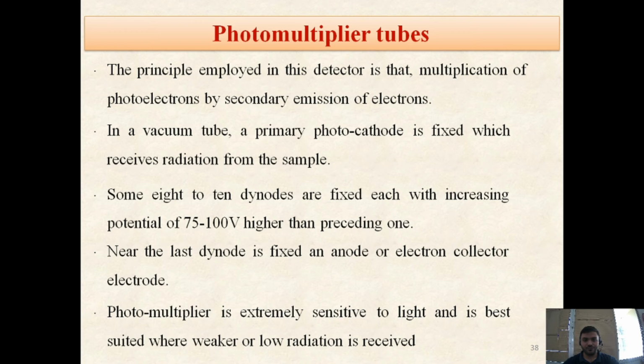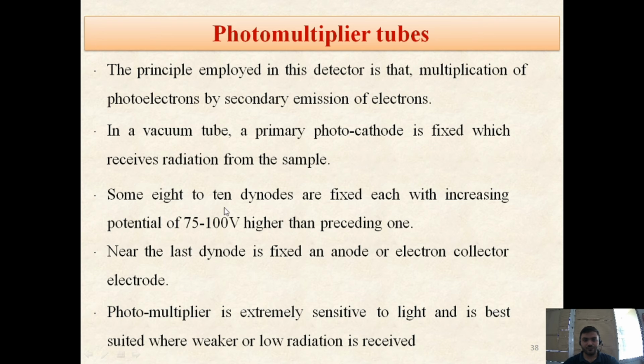Photomultiplier tube. The principle employed in this detector is multiplication of photoelectrons by secondary emission of electrons. In a vacuum tube, a primary photocathode is fixed which receives radiation from the sample.